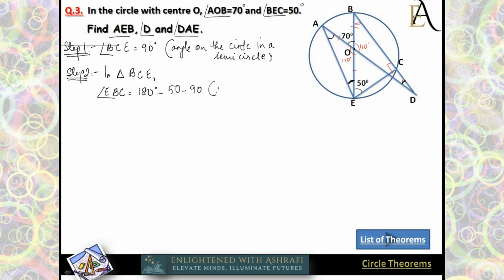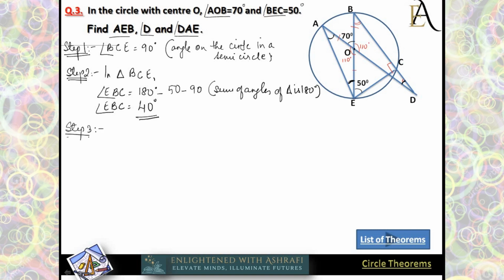Why? Sum of angles of a triangle is 180 degrees. So angle EBC is equal to 40 degrees.